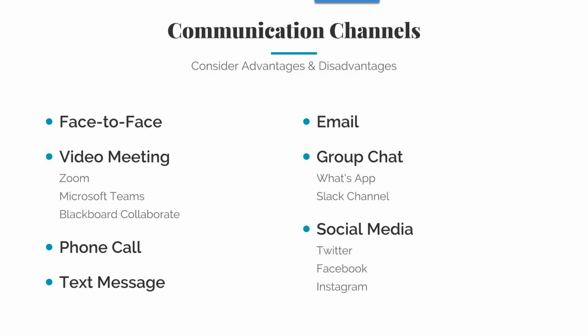Email is the business standard right now. We do a lot of our writing via email. But as mentioned before, things like Microsoft Teams, particularly with the pandemic, have taken off. Group chat like WhatsApp and Slack channels, those are also taking off. A Slack channel particularly allows you to have that same long-standing team record of interactions with meetings that you can even video, so you can go back and review old meetings.